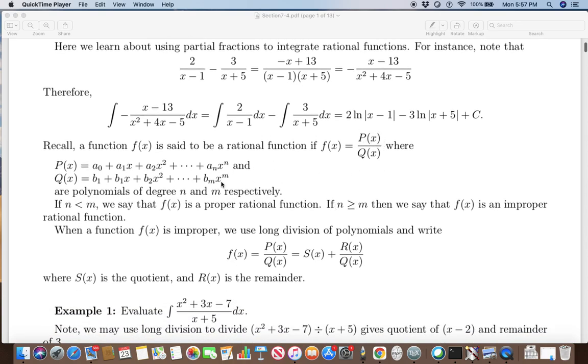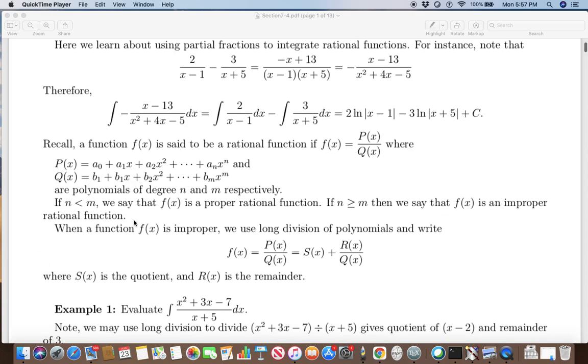If the degree of the numerator is less than the degree of the denominator, we say that f(x) is a proper rational function. If on the other hand, the degree of the numerator is greater than or equal to the degree of the denominator, then we say f(x) is an improper rational function.